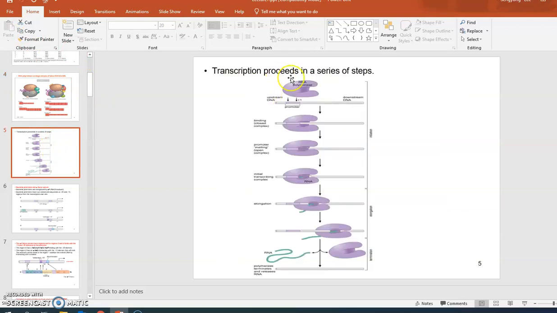So the transcription process itself is very complex in how it's initiated, regulated, elongated, and then terminated. You have to understand all those. How it is initiated is very accurately controlled.